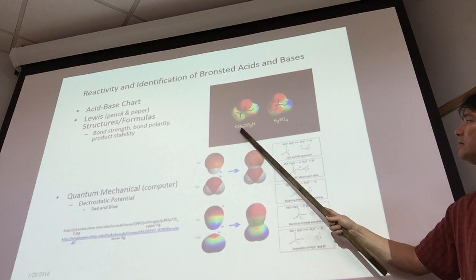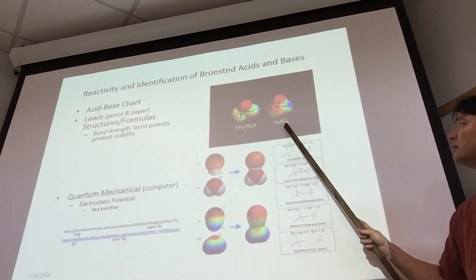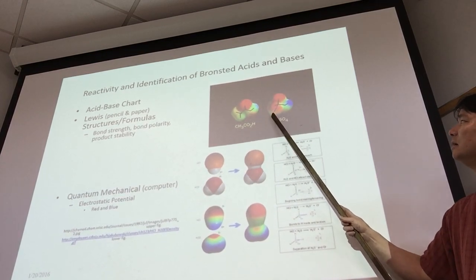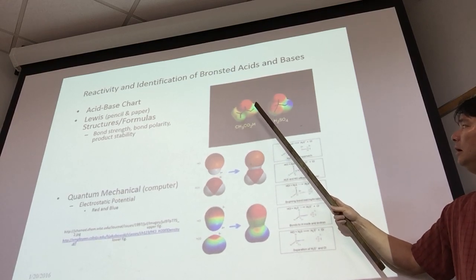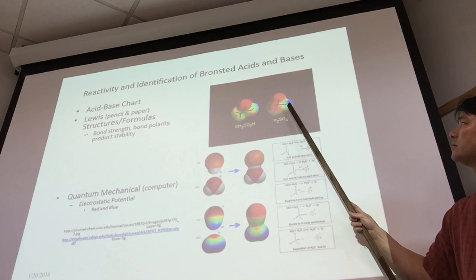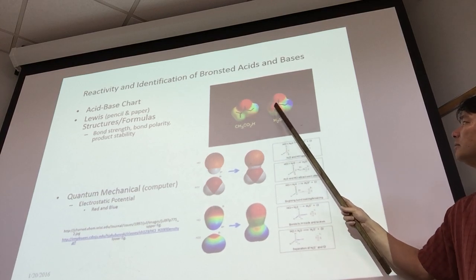And so here's a comparison of acetic acid versus sulfuric acid. Which one's a stronger acid? Well, we see these red and blue regions. And if we're looking at acid strength, we're going to focus on the red regions or the blue regions?